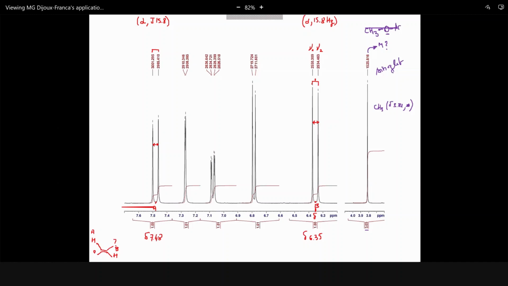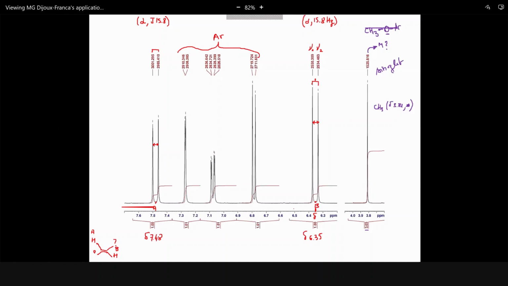What about the three other signals here? So we are between 6.7, well, over 6.5 and over 7. So these might be in an aromatic ring, these three. And why can I say that they are on the same ring?